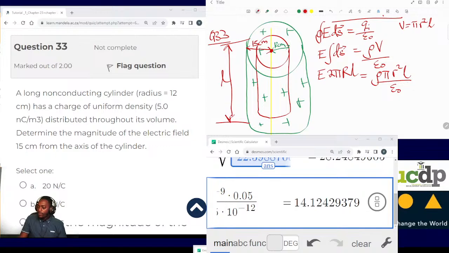Okay, so our R is equal to 15 centimeters, our small r is equal to 12 centimeters. So now we cancel out, this goes, that goes, that goes.